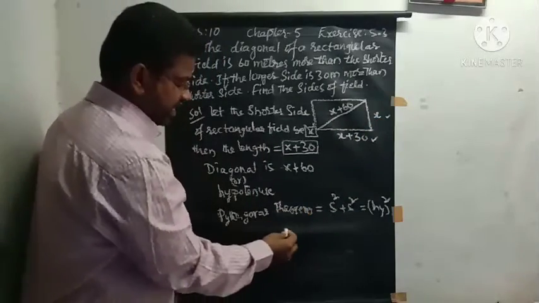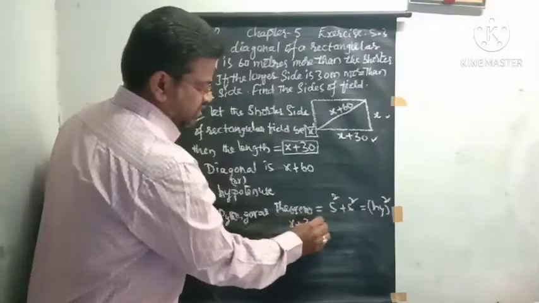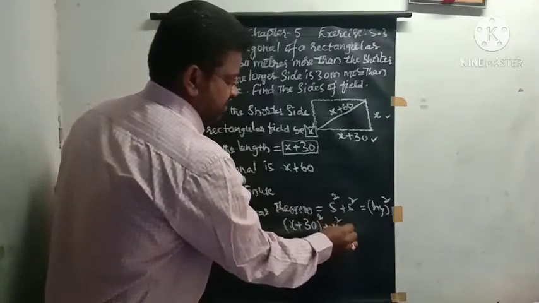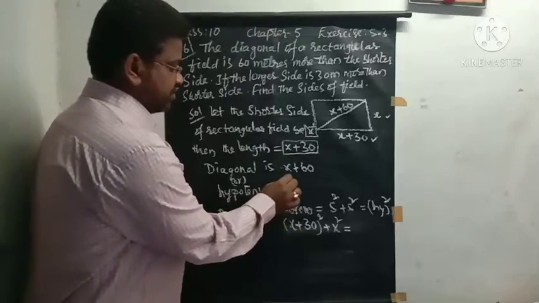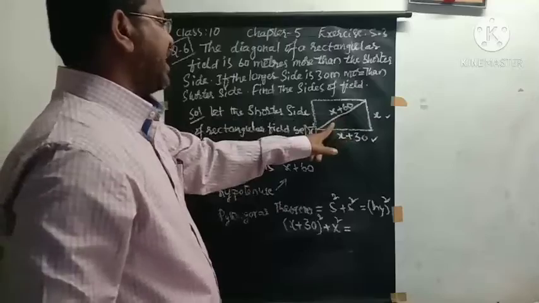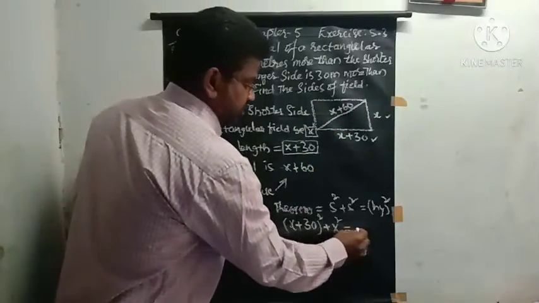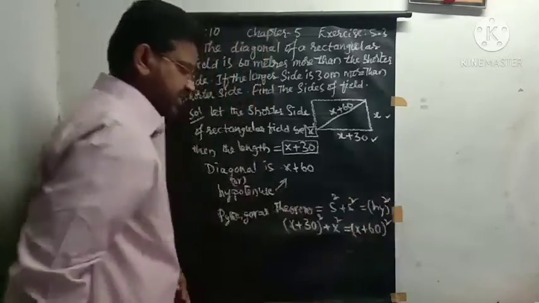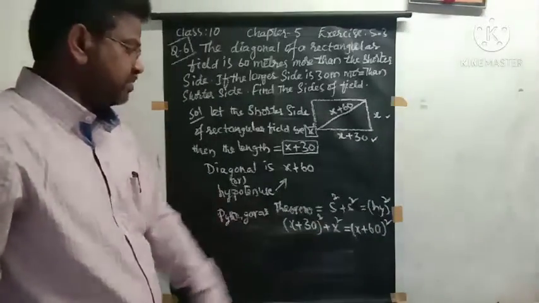Okay, by the problem we can write x plus 30 whole square plus x square is equal to hypotenuse square. What is the hypotenuse? Here I am telling you that the diagonal of this rectangle is the hypotenuse of the lower triangle. So x plus 60 whole square. Yes, this is in the form of a plus b whole square.